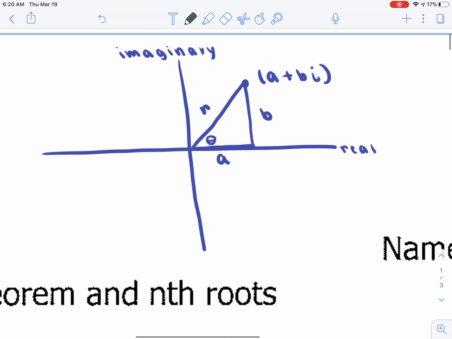So here is the general form of this, where you will see I labeled the sides of this triangle created from graphing this ordered pair a plus bi, with a representing the x-coordinate, b representing the y-coordinate, which again would be the imaginary part of this complex number, and then again sticking with those r's and thetas that we've been working with.